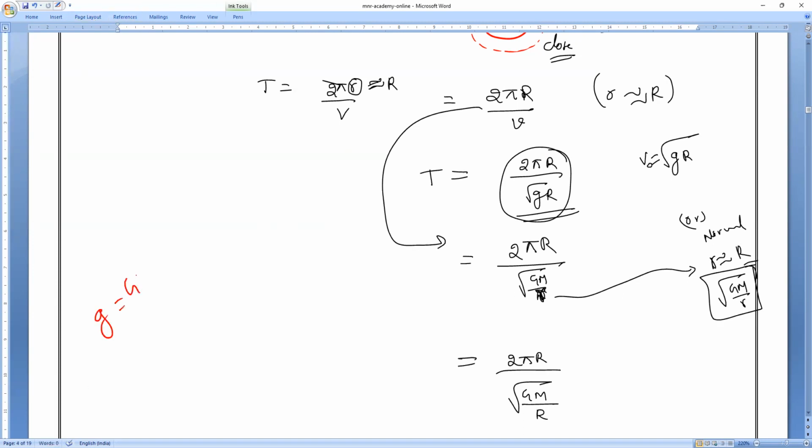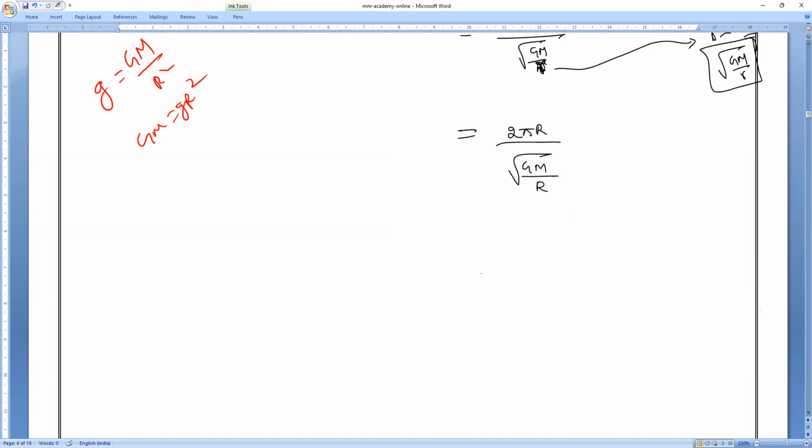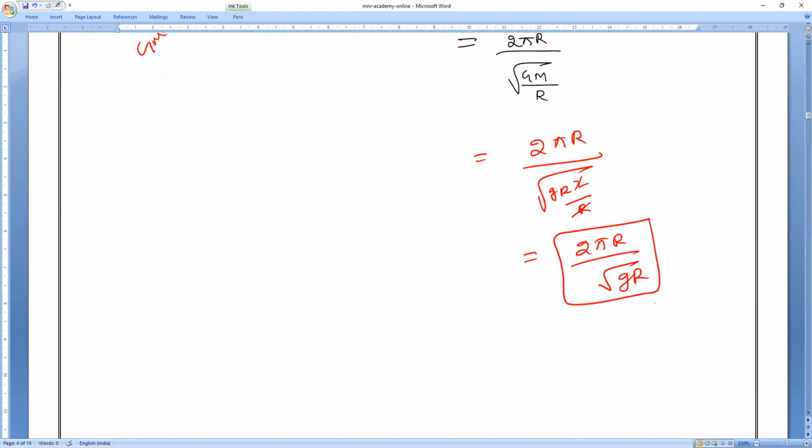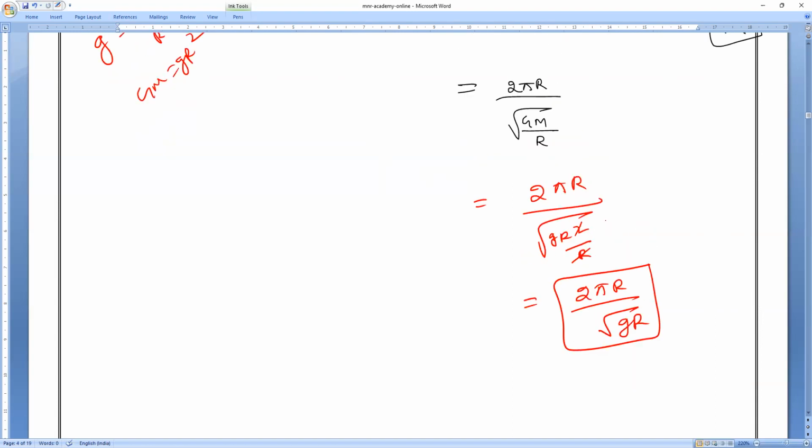From the acceleration due to gravity, g equals GM by R square, so GM is equal to gR square. If we substitute it, R square divided by R gets cancelled, and the final answer is 2 pi R divided by root over gR. We got the same answer or not? Clear? Yes, sir.